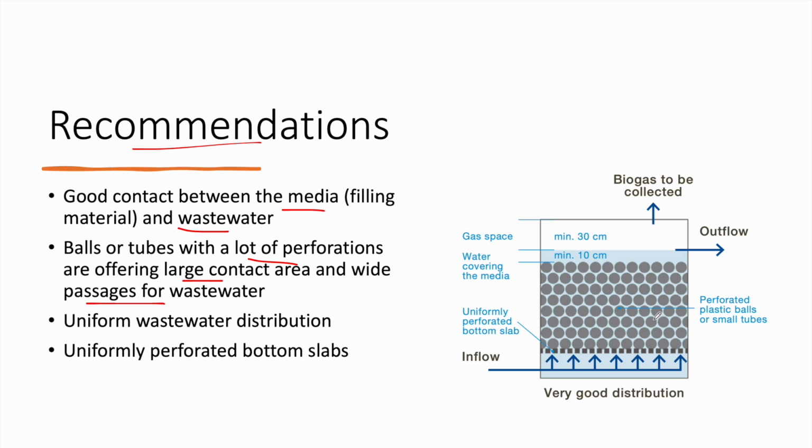We don't want short circuiting, and we don't want only one area to be used, or the wastewater to cover only one area. Also pay attention to uniformly perforate the bottom slab. This can be a concrete slab that must be uniformly perforated.